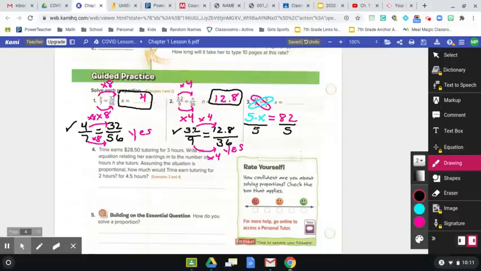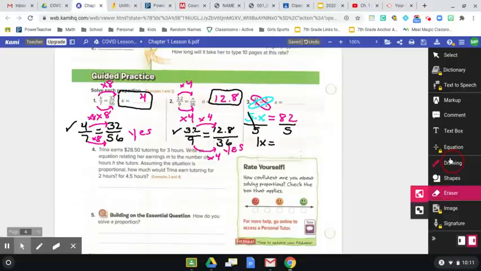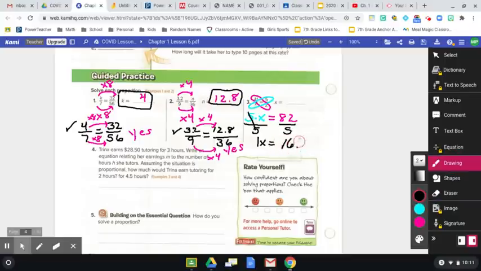So that means if I do that, 5 divided by 5 is 1x. And then let's do 82 divided by 5. You should get 16.4. So x should equal that missing variable, x, 16.4.